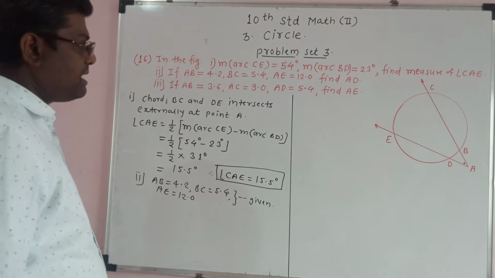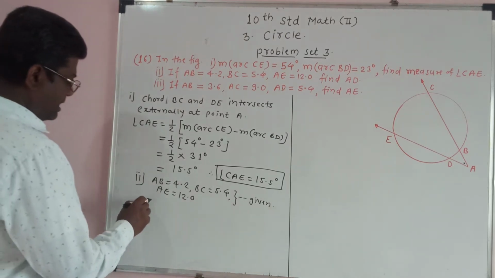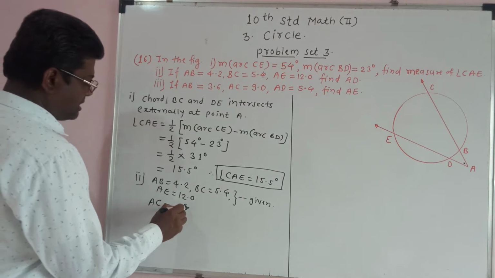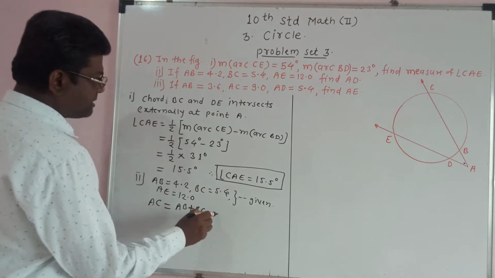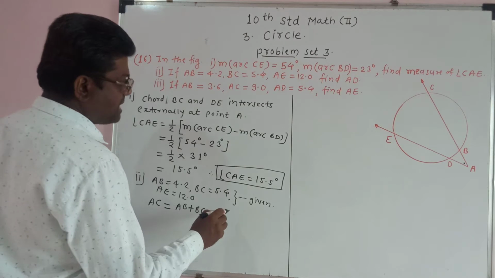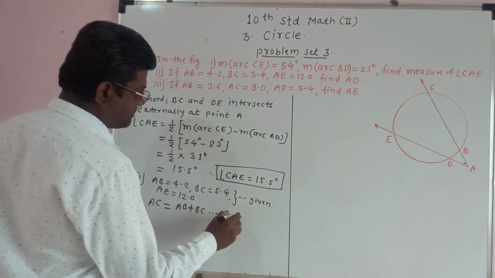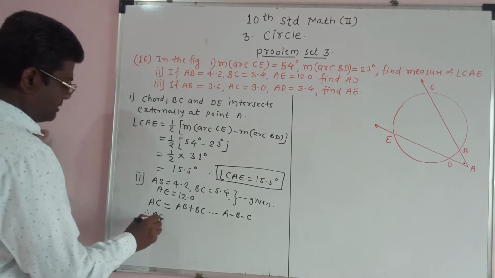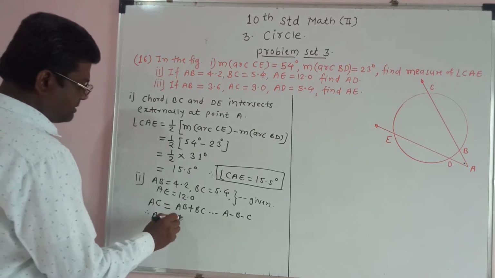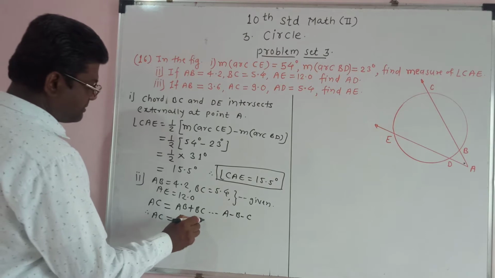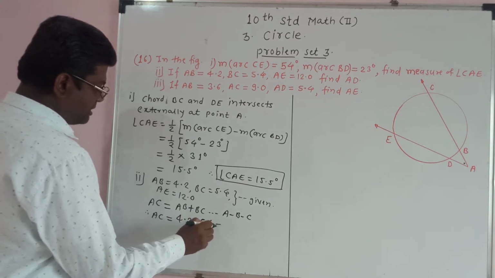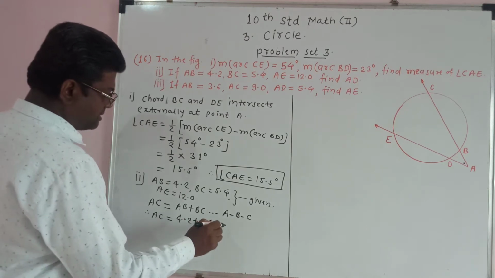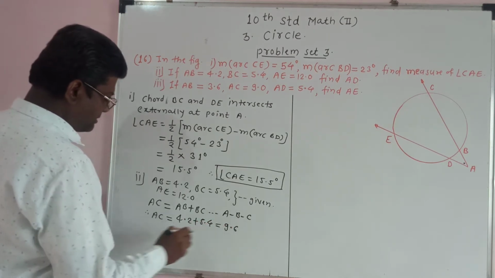Now here AB is given 4.2 and BC is given 5.4. So we have to find AC at first. Therefore AC is equal to AB plus BC. Reason is A-B-C. Therefore AC is equal to 4.2 plus 5.4, which is 9.6.